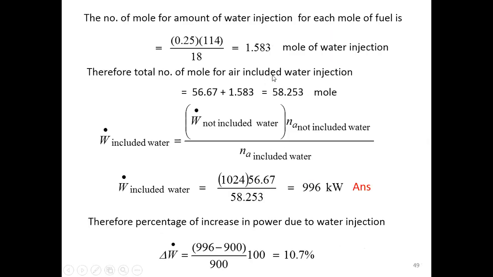So you have water involved with your combustion as well. After you use this water to create the evaporative cooling, when it gets into combustion it still takes some of the heat out of the combustion. That means the power output is reduced, as much as to 996 kilowatt here.